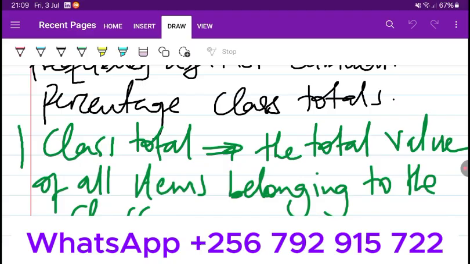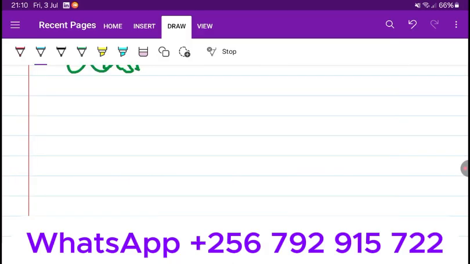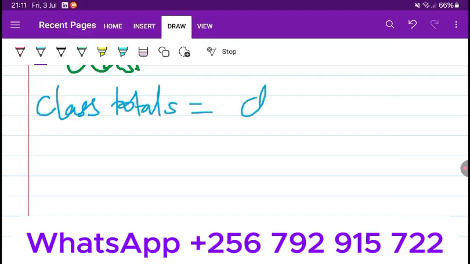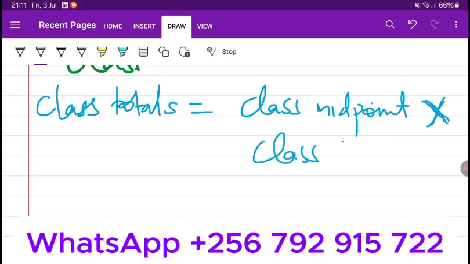So for us to be able to get the class totals, we get the class midpoint, then we multiply by the class frequency. The class total is equivalent to the class midpoint times the class frequency.